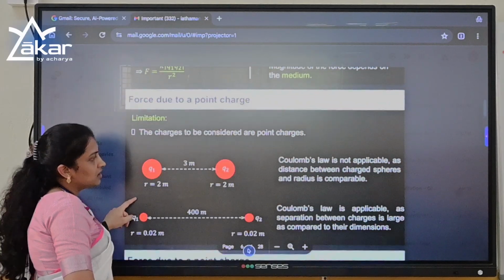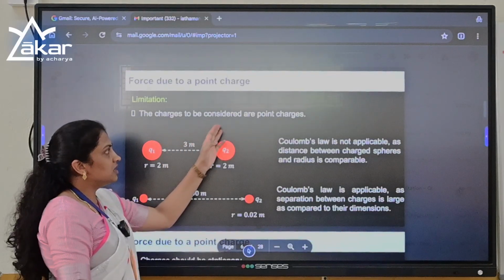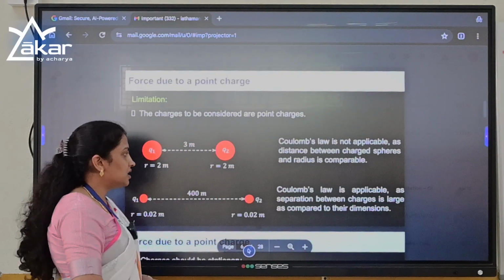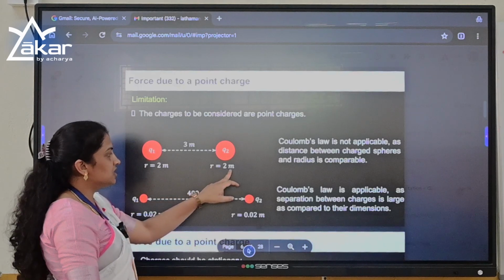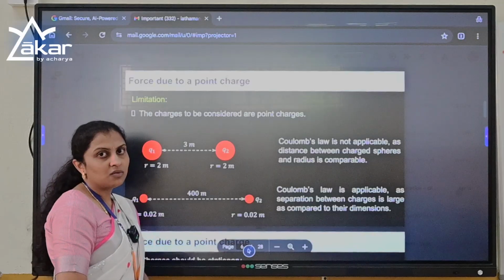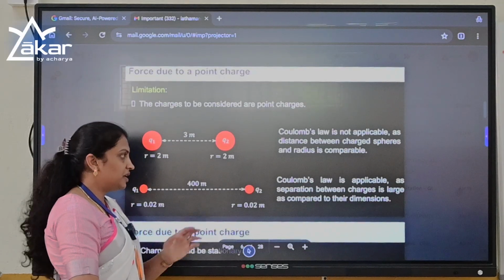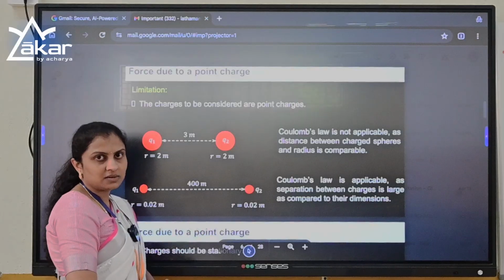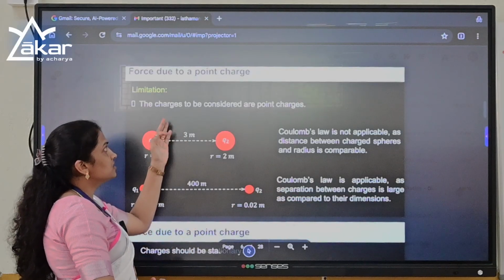Next, you can see these are the limitations of Coulomb's law for point charges. The charges are considered as point charges. Here I have taken the distance as 2 meter, and it is not applicable to Coulomb's law. Why? Because the law is applicable only when the separation between the charges is large as compared to their dimensions.